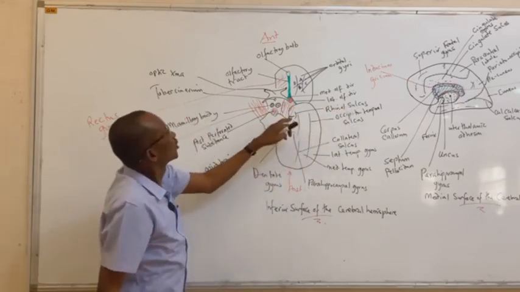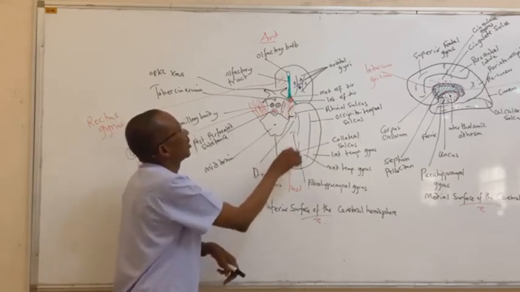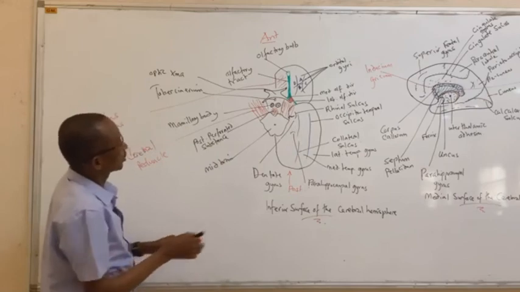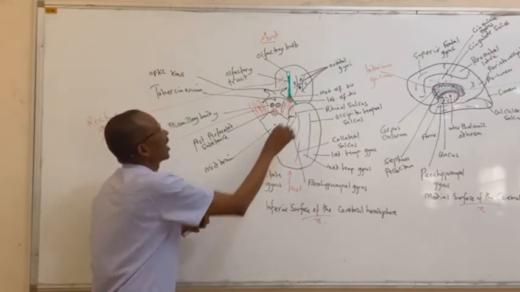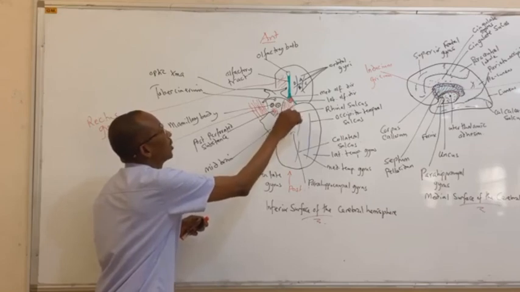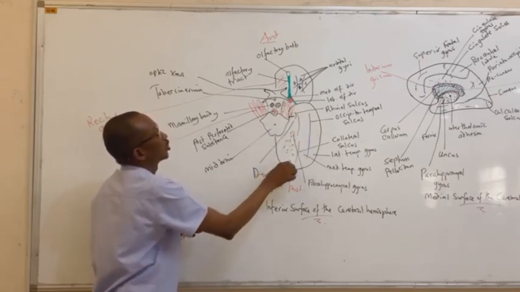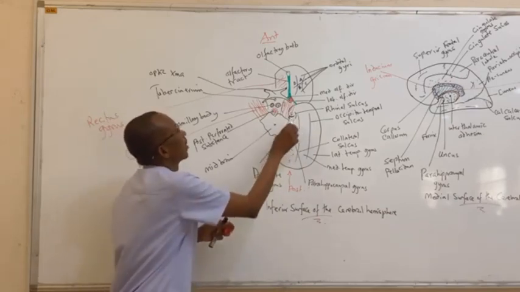In between the uncus and the para-hippocampal gyrus, which is this one, there is another gyrus, what we call the dentate gyrus. So we have the dentate gyrus here lying in between the uncus and the para-hippocampal gyrus. Everything here is the dentate gyrus.